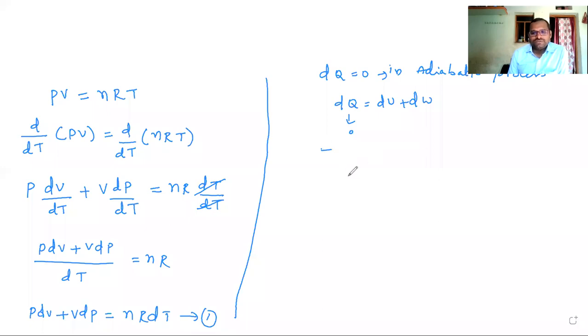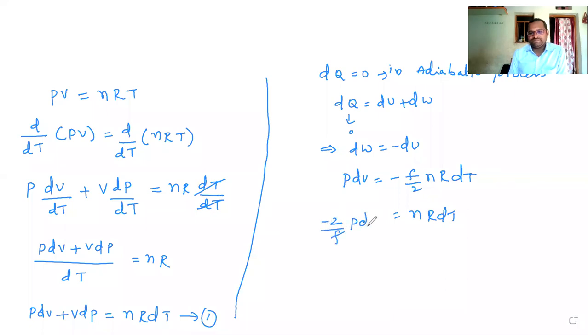We know dW is nothing but PdV, the work done by the gas, and dU is equal to F by 2 nR dT. You know this, we discussed it yesterday. From this, nR dT is nothing but minus 2 by F PdV. This is equation number 2.